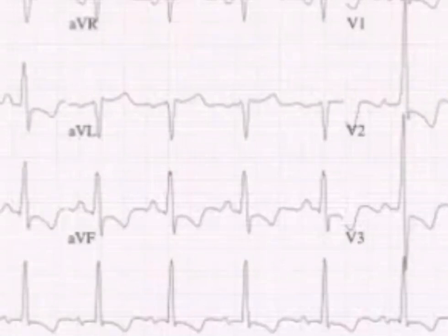Right axis deviation in an inferior wall myocardial infarction, left axis deviation is described, but right axis deviation is very unlikely.